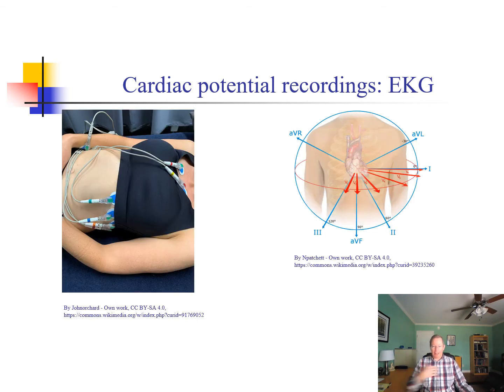Now, it turns out that I have 10 different electrodes that I'm going to place around the heart as well as on the limbs, both the arms and legs. And I'm going to take the potential difference between two of those, and I'll get different things. I'll have leads 2, 3, aVL, aVF.